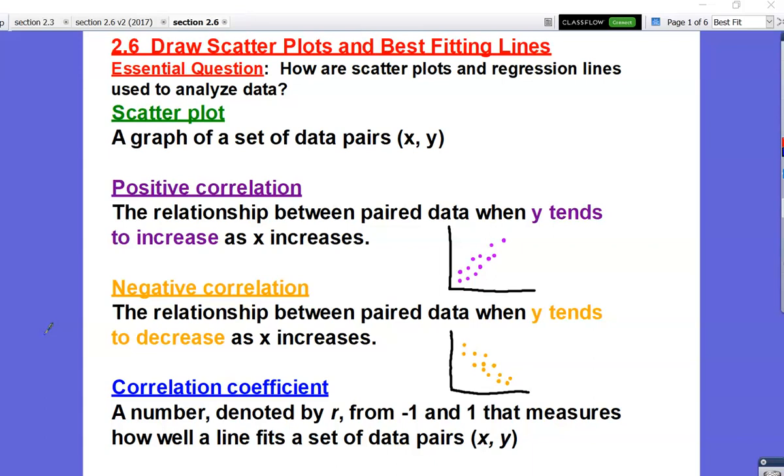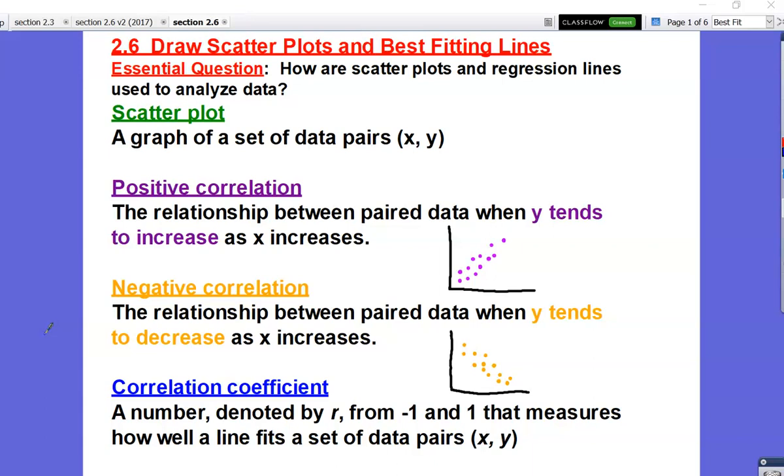We also have to talk about this idea of correlation, which is just the connection between the data pairs. If you have a positive correlation, the y tends to increase as x increases. If you have a negative correlation, the y value or the dependent variable tends to decrease as x, or the independent variable, increases.